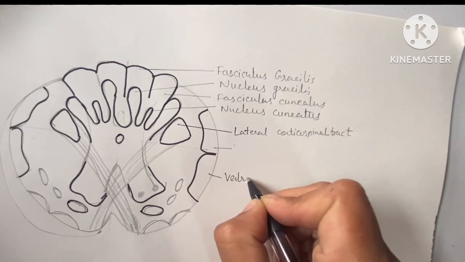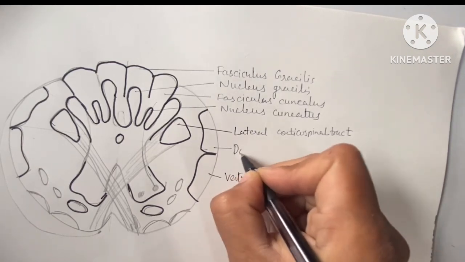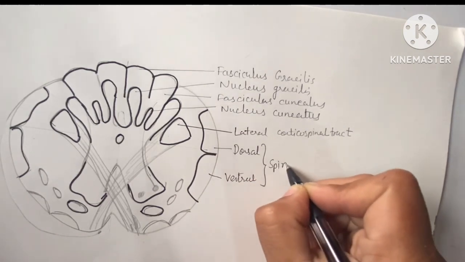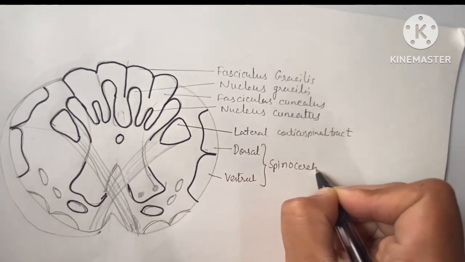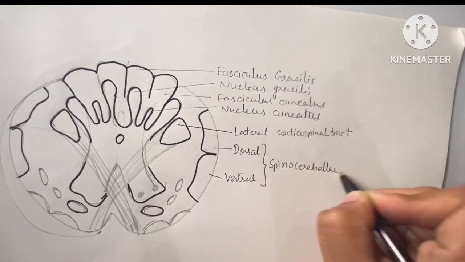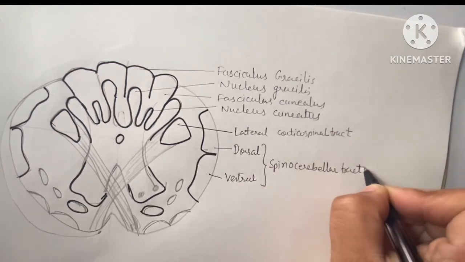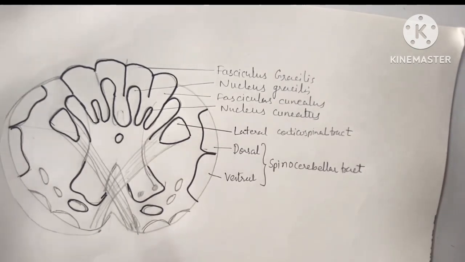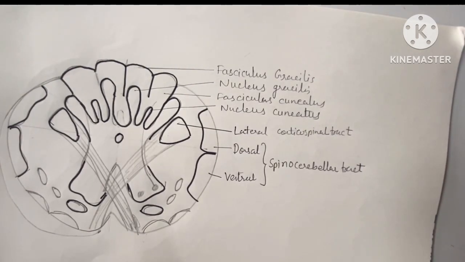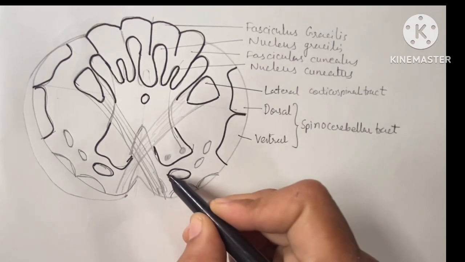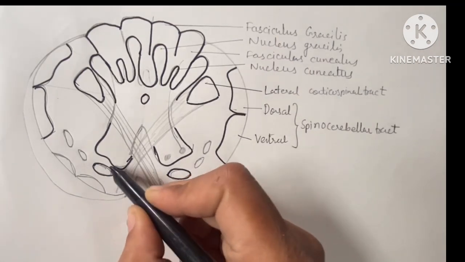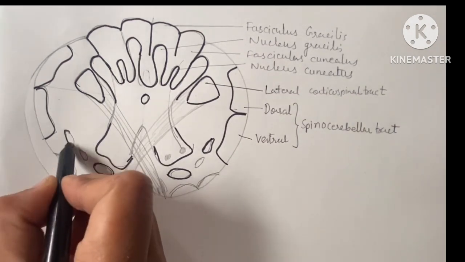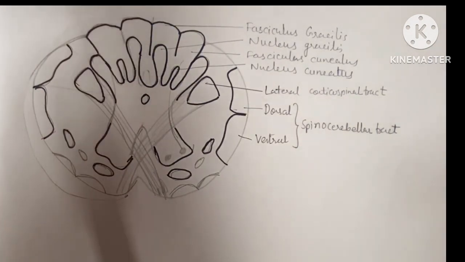So ventrally the ventral and dorsally the dorsal spinocerebellar tract. These are the ascending tracts from the spinal cord to the cerebellum. Ascending tract, spinothalamic tract from the spinal cord to the thalamus.